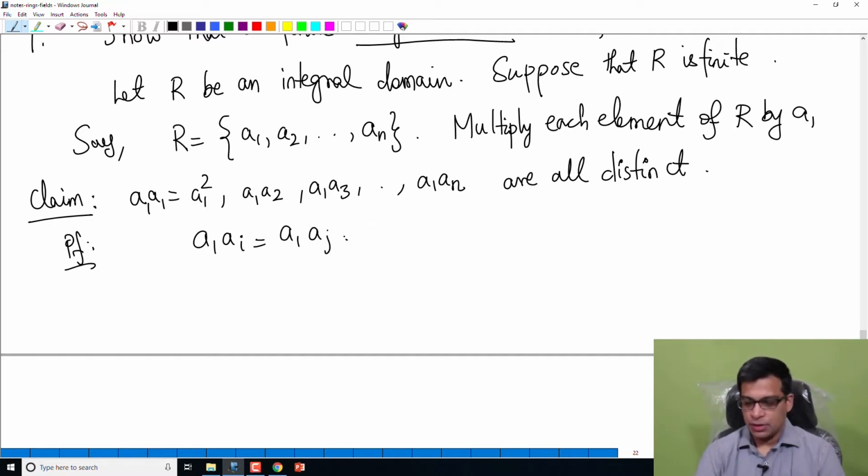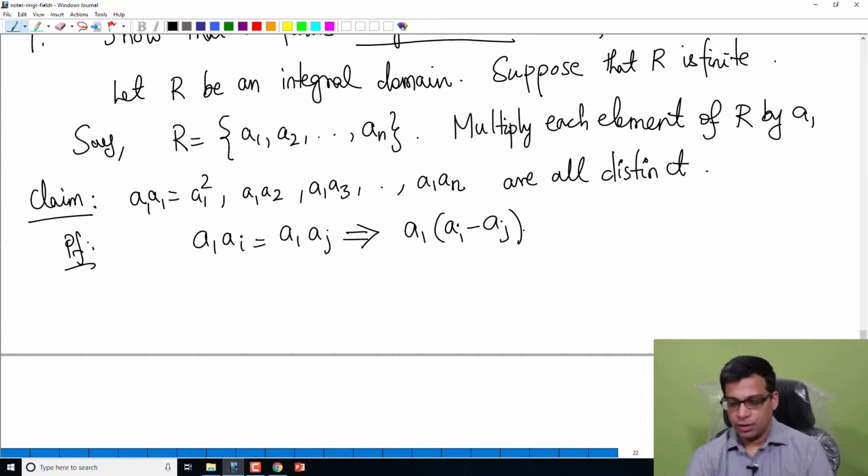By usual ring properties, taking A1 AJ to one side and factoring out A1, we get A1 times (AI minus AJ) is equal to 0.